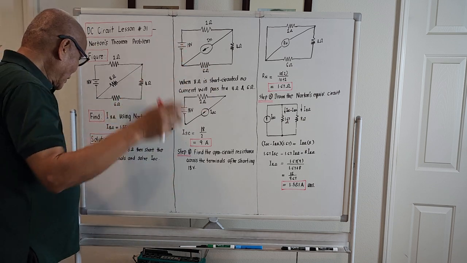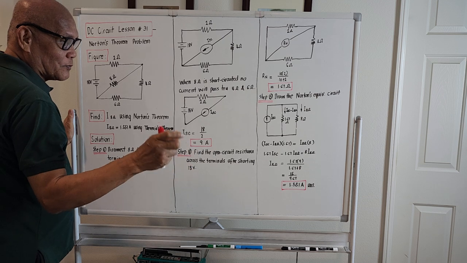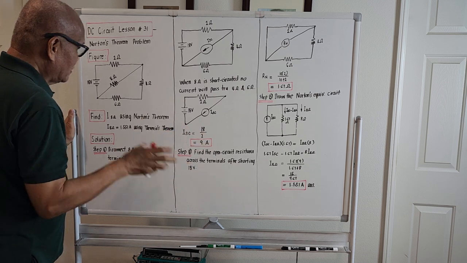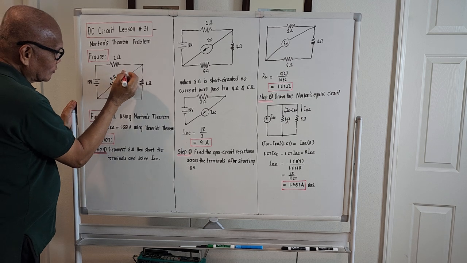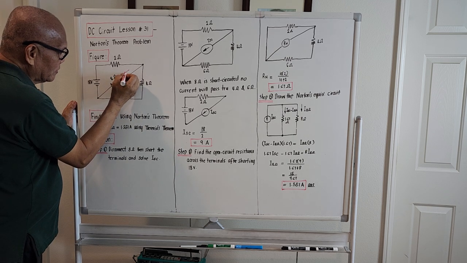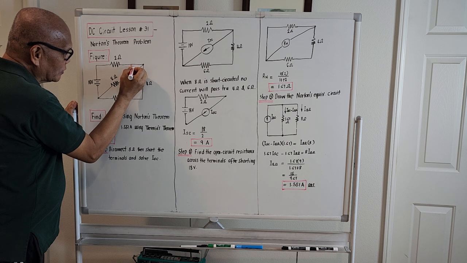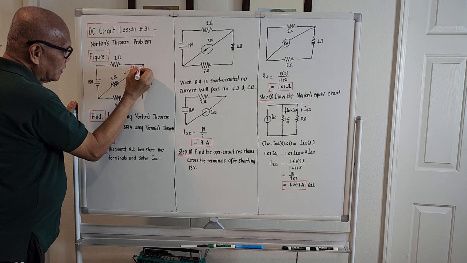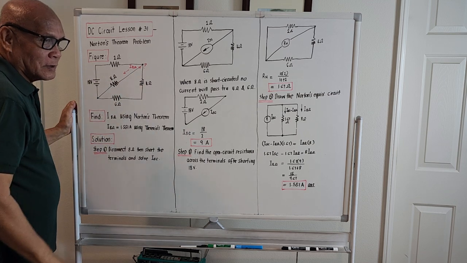Okay, let's try to bring out the problem. This problem here is the same as the problem in lesson number 30. The circuit is the same. The problem is just asking what will be the current passing here, and that will be designated by capital letter I with the subscript 8 ohm. That will be the one we are to solve for tonight.